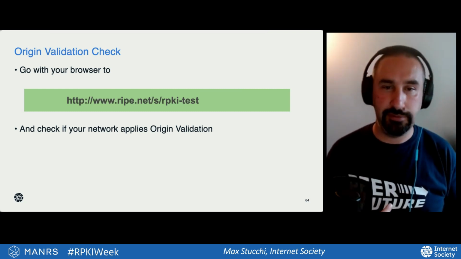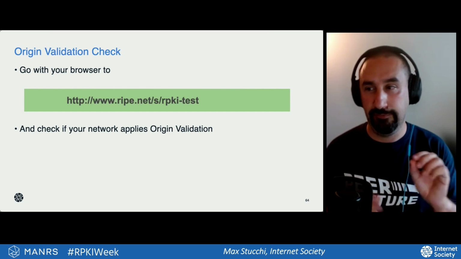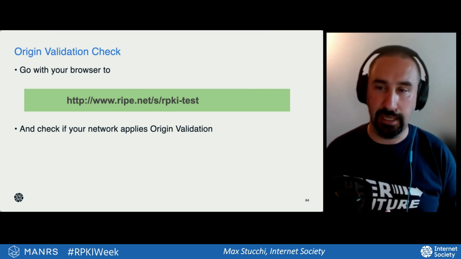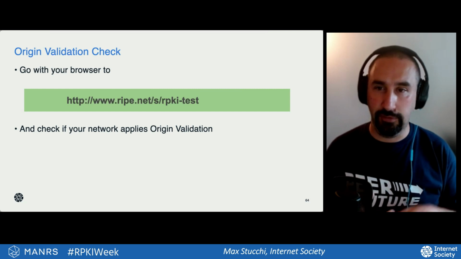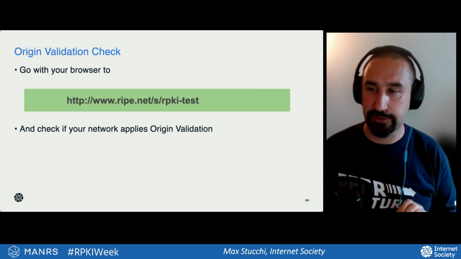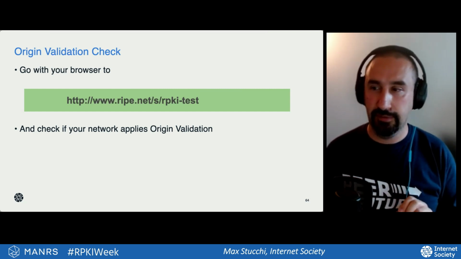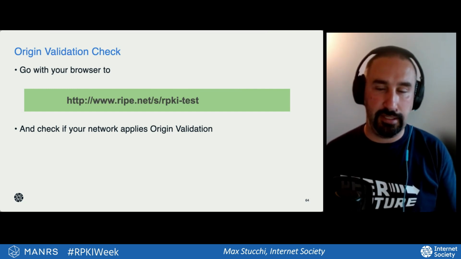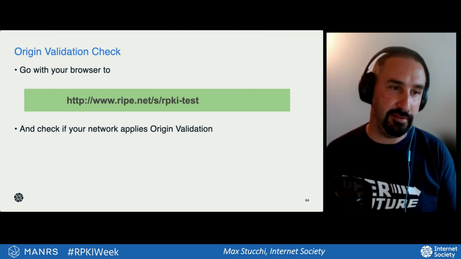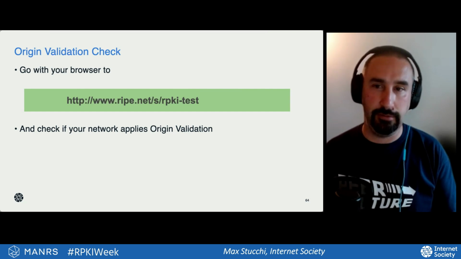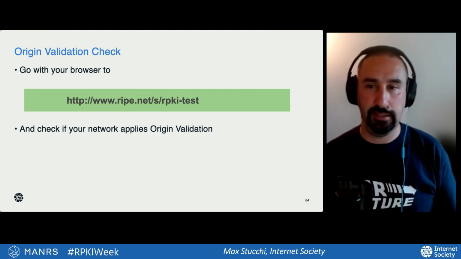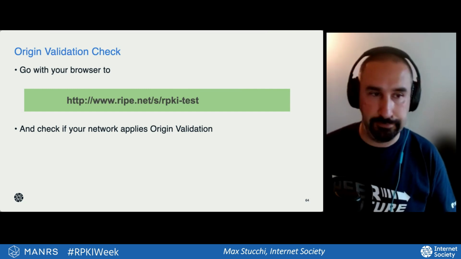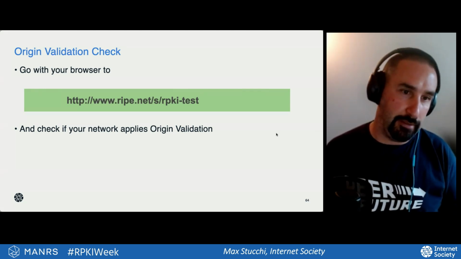So if your browser can fetch both files, then there is no origin validation happening on your network. If only one file can be fetched and the other can't, then it means origin validation is being applied. It's a relatively easy test to implement. You can do it in JavaScript. You can do it in any language that runs on the user's browser.